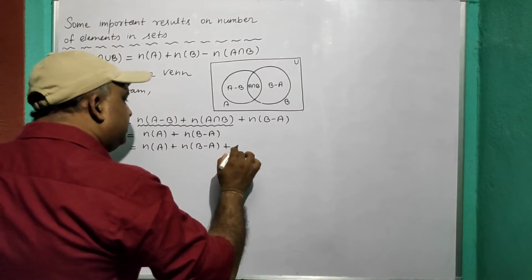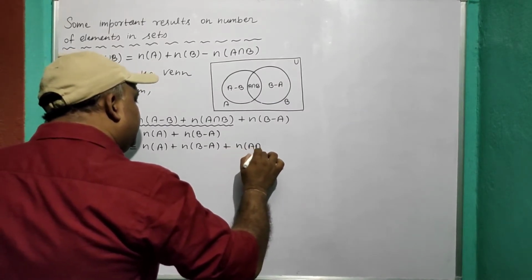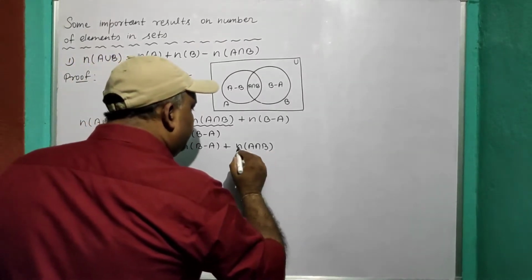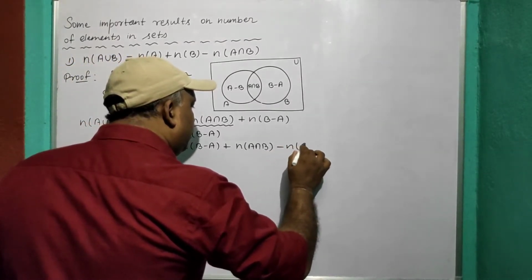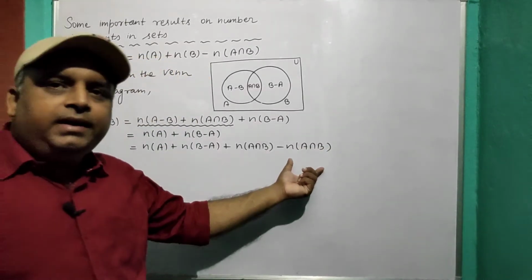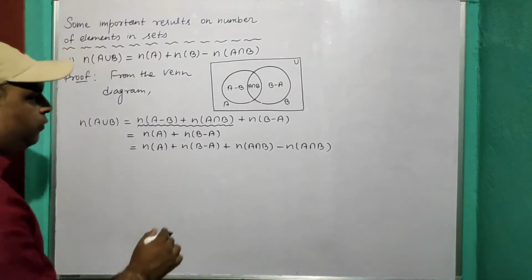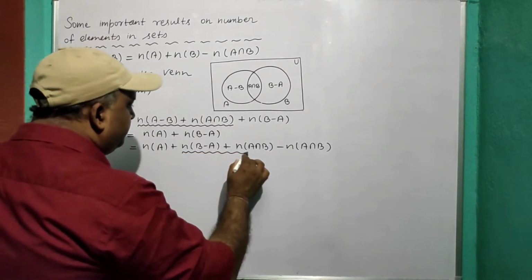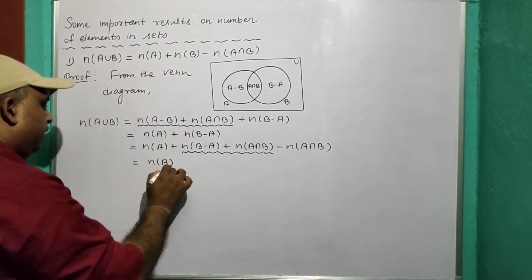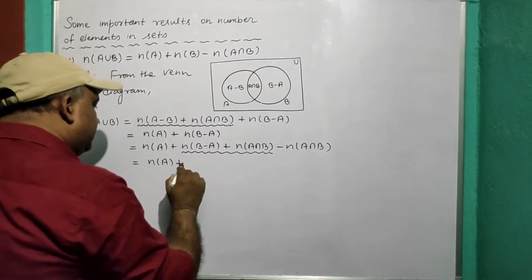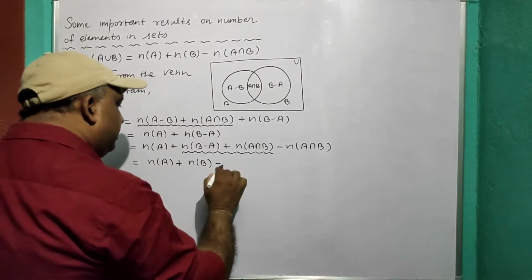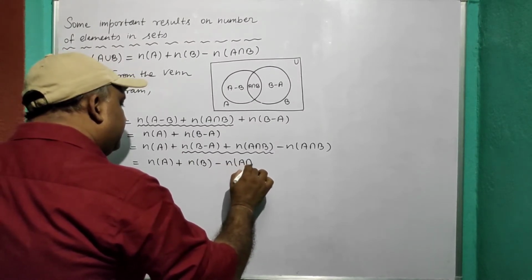So I am adding this n(A intersection B), and because you have added, to neutralize it we will have to subtract this also. So I have added and subtracted n(A intersection B). Now from this again see, you can observe that this part represents n(B) and this remains as it is, n(A intersection B).